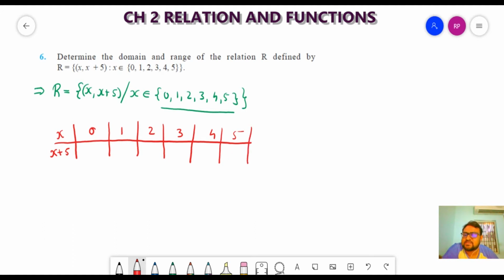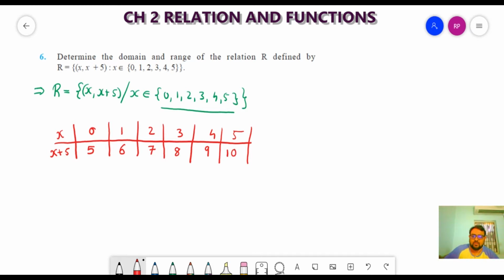So when I take x equal to 0, x plus 5 will be 0 plus 5, that is equal to 5. When I take x equal to 1, 1 plus 5, 6. When I take x equal to 2, 2 plus 5, 7. When I take x equal to 3, 3 plus 5, 8. When I take x equal to 4, then 4 plus 5, 9. And when I take x equal to 5, 5 plus 5, that will be equal to 10.